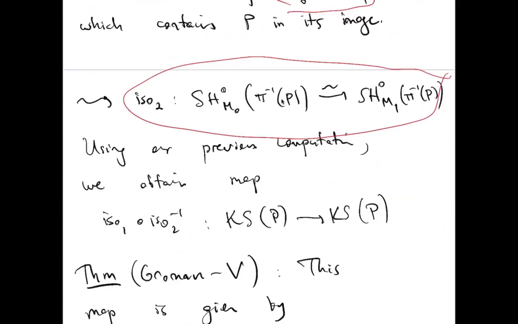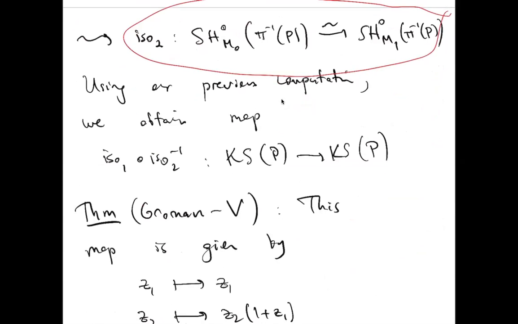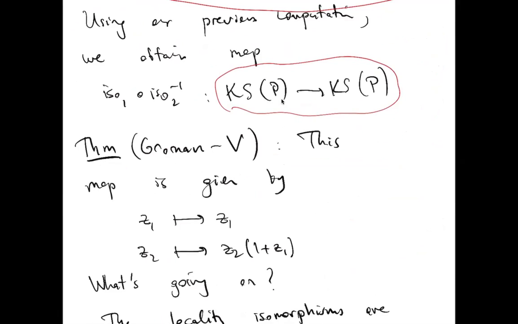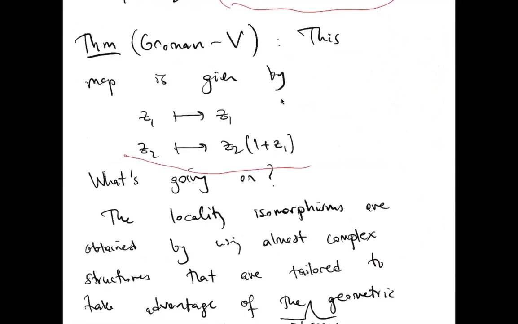And these isomorphisms induce for me a map between these two Concevic-Zoibelman function rings. And this map is not trivial. This map is exactly given by the cluster transformation.